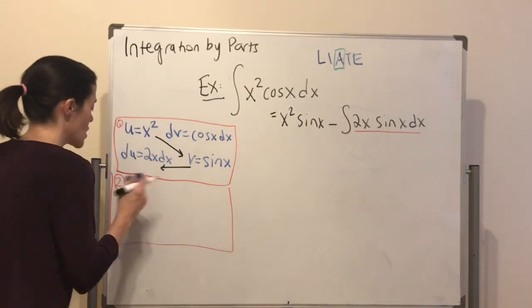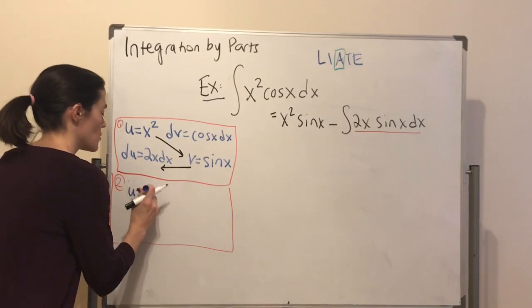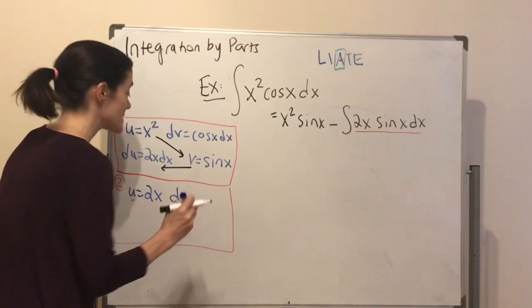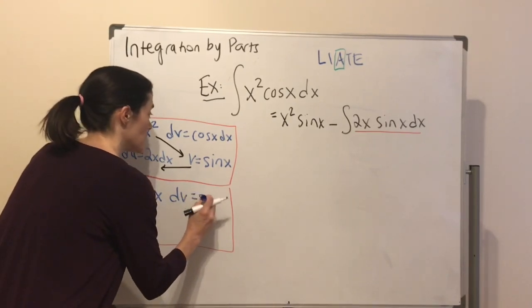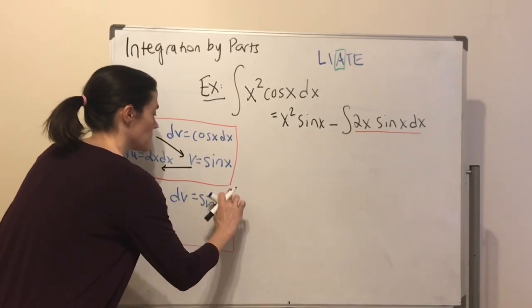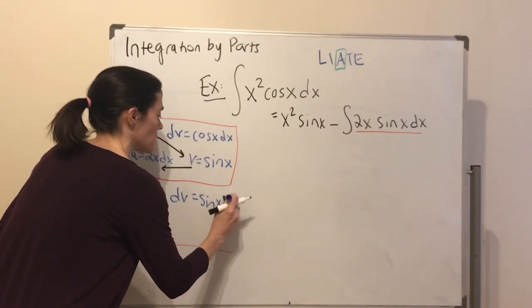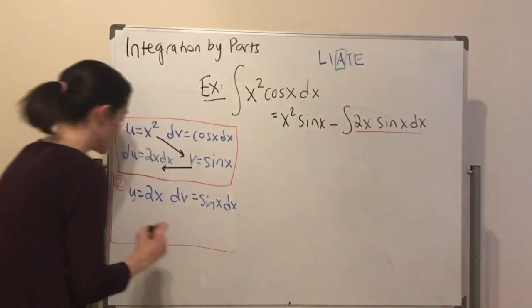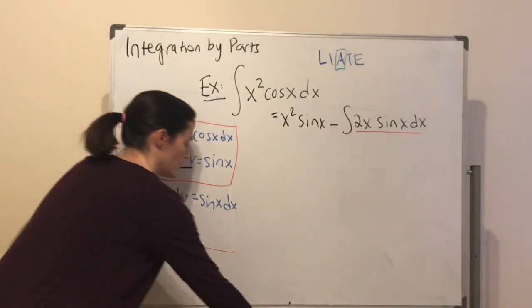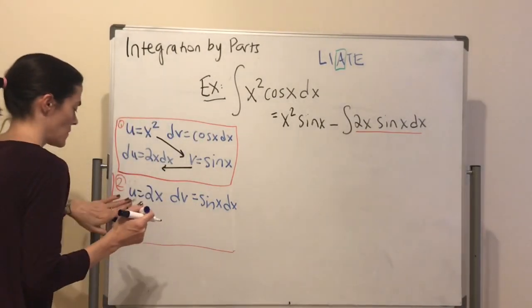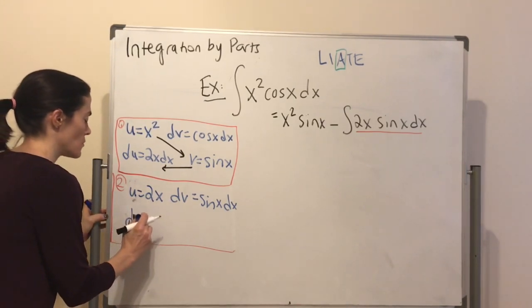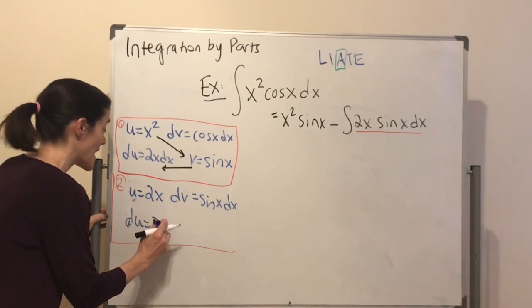Sorry about that. u is 2x. dv is everything else, sine x dx. Okay. Now I differentiate here. du, this is 2 dx.